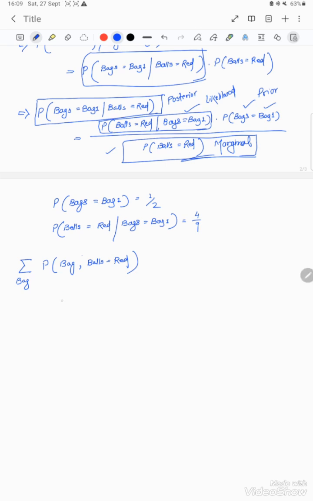Joint means simply the probability, a summation over all bags, of the probability that balls equal to red given bags equal to bag, into the probability of bags equal to bag. I am marginalizing.